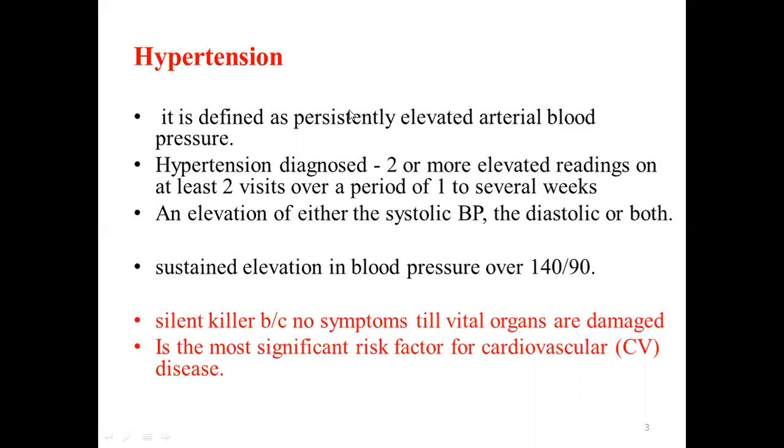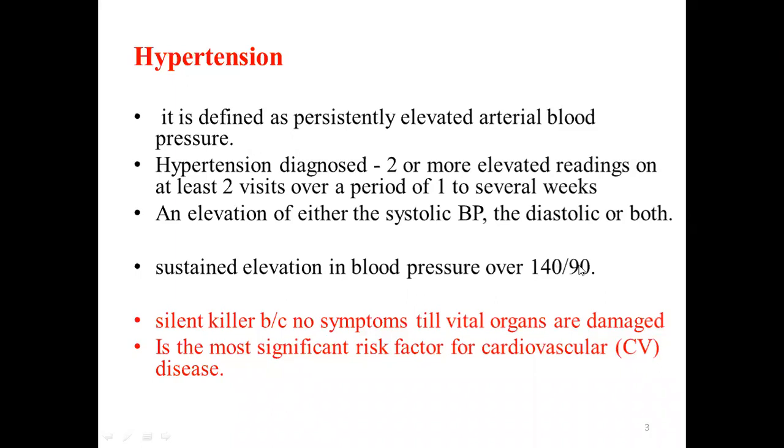When you say hypertension, the blood pressure should be above 140 over 90. The highest value is usually the systolic blood pressure. The lower value, the denominator, is usually the diastolic blood pressure. So if the blood pressure of an individual is above 140 over 90, over the span of 2 visits and more than 2 readings, we can say the patient is having high blood pressure or hypertension.